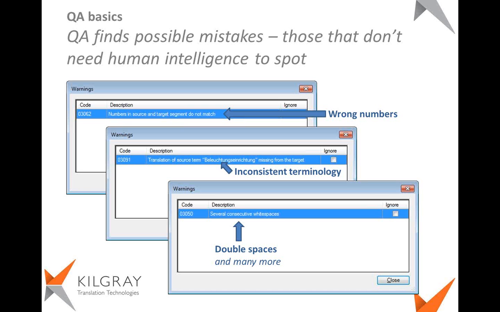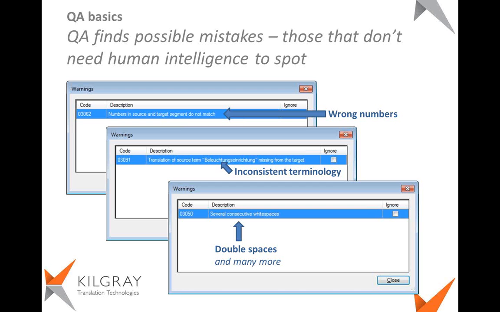Please think of situations where having different numbers in the source and the target segment is completely legitimate. Like when the QA module complains that the numbers are wrong, but they are not. What situations can you imagine when this message is actually invalid?